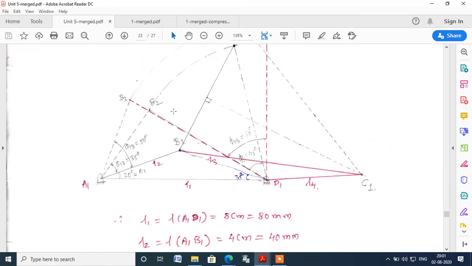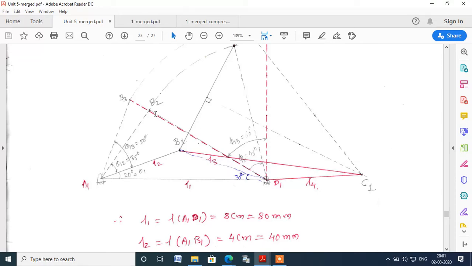Then what is our next procedure in the method of inversion? Join B2 with D1 and join B3 with D1. So first join B2 with D1. Then take distance. See, I am telling the procedure. At the same time, you should draw this synthesis of mechanism on your sketchbook or sheet or any white paper.